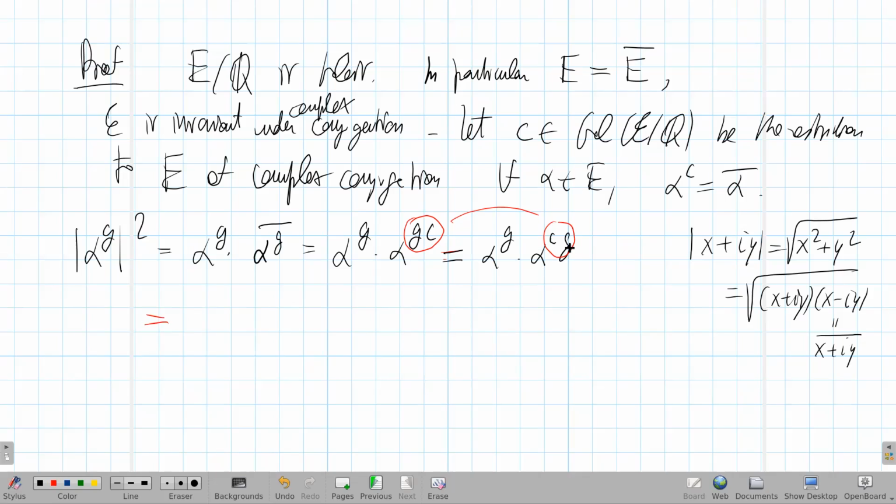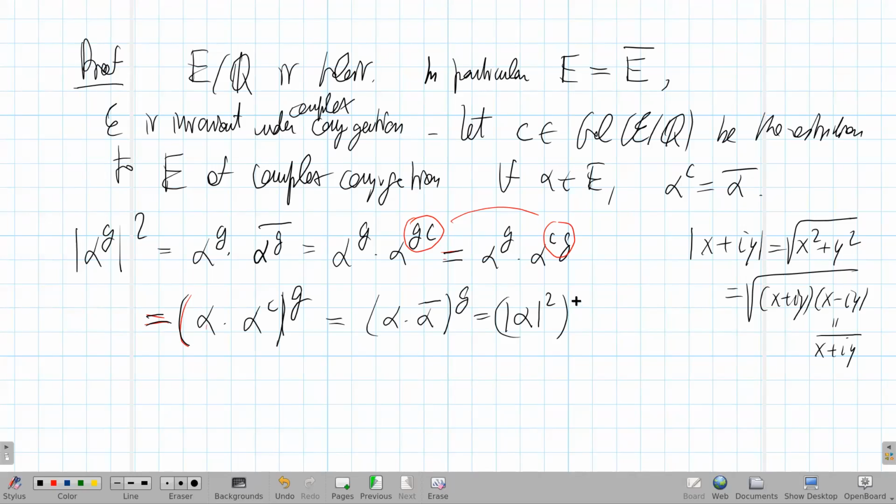Now g is an element of the Galois group, so it's a morphism, which means you can take it out, because g applied to a product is the product of the g's. But what's this? This is alpha times alpha conjugate, because c is just the restriction of that, and this is exactly the absolute value of alpha squared, to which you apply g.